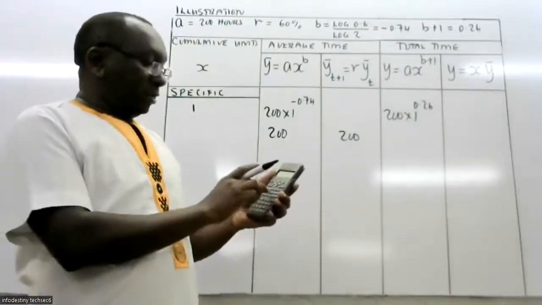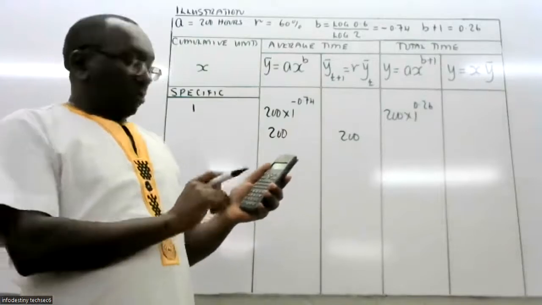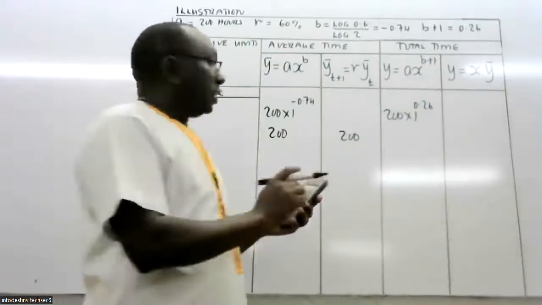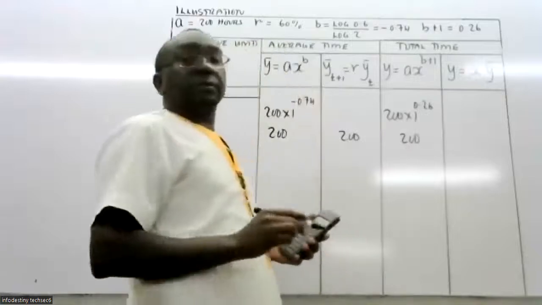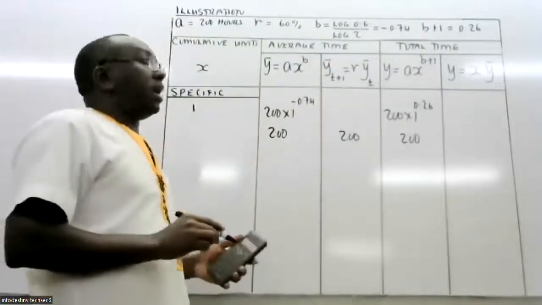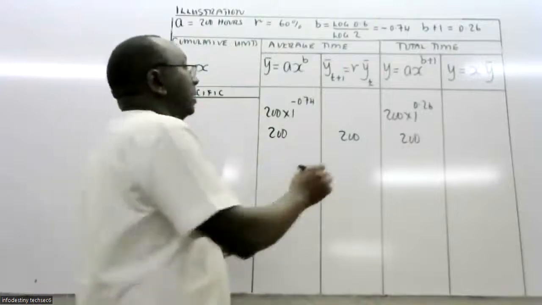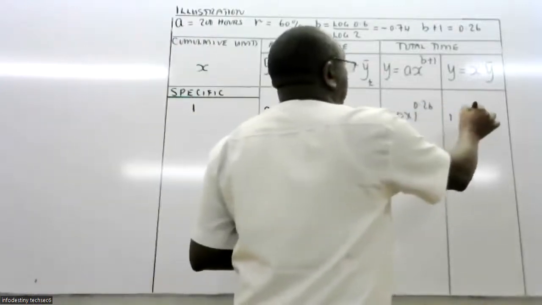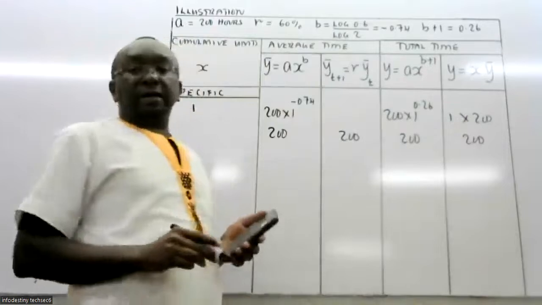The same 1 raised to power 0.26 multiplied by 200. The answer is still 200. When you go to that other formula, it is x. X is this one, 1 multiplied by y bar, which is 200. And the answer is what? 200.